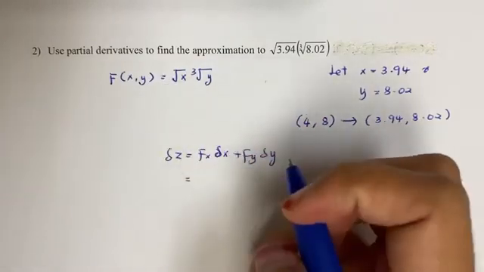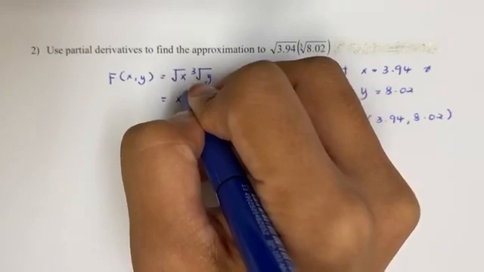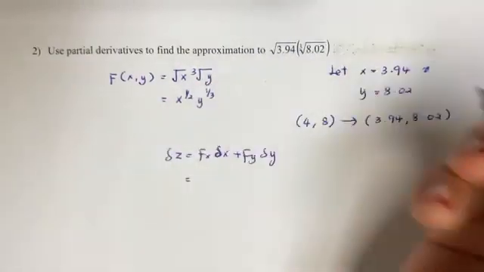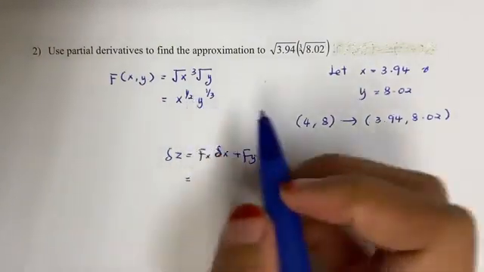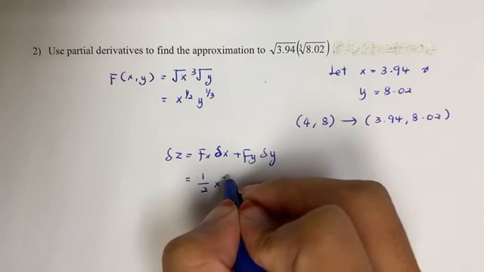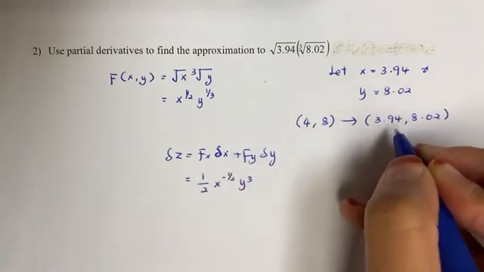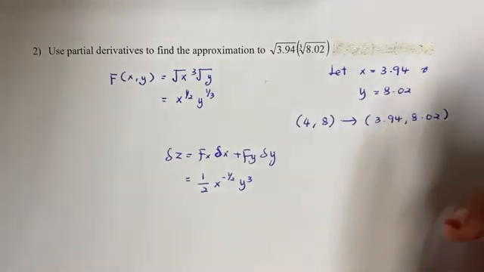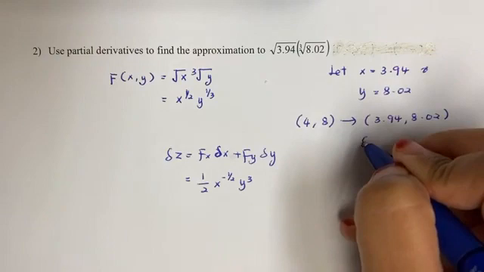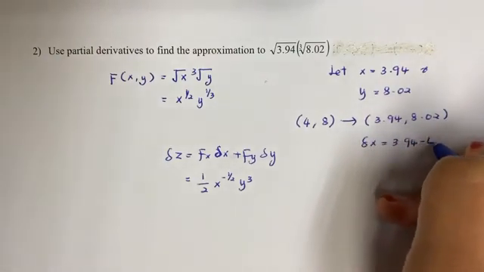fx. Okay, so f is x to the power of half multiplied by y to the power of 1/3. So fx here will be 1 over 2 x to the power of minus half, y to the power of 1/3, with delta x equal to 3.94 minus 4.